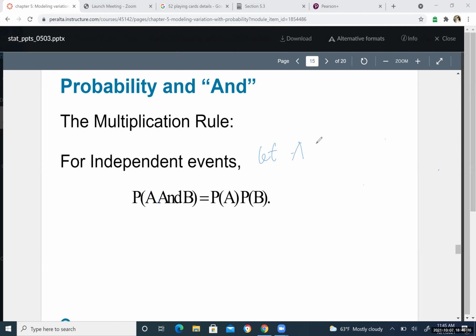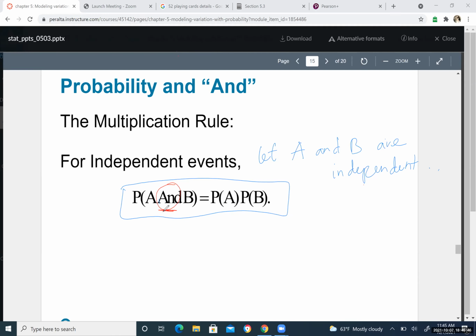Let A and B be independent. Then the probability of A and B will be equal to the probability of A times the probability of B.